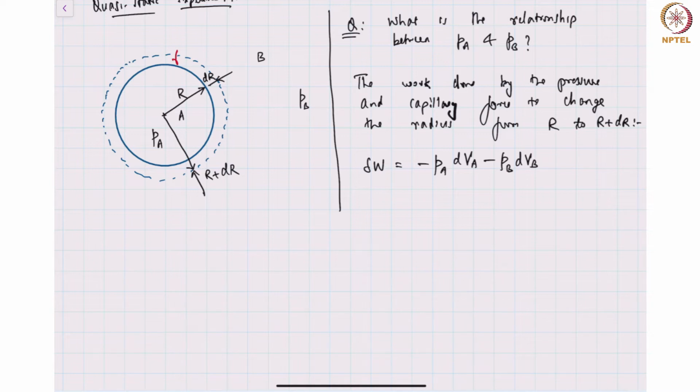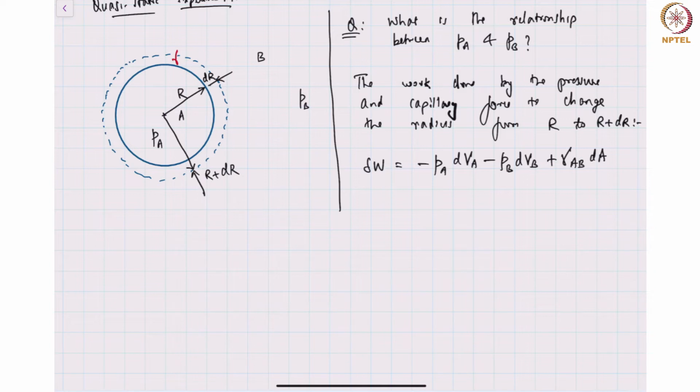And then there is a capillary work. There's a force because of capillary forces, which you can call gamma AB times the change in the area. Remember, we've seen that the work done would be equal to the change in the free energy, and this would be directly related to surface tension times the change in the area.